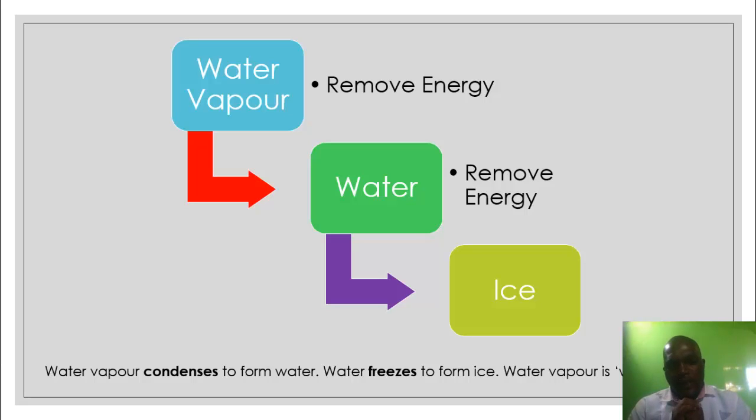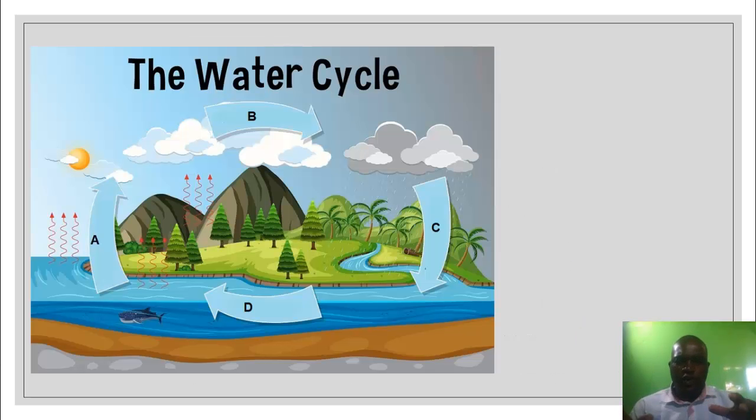So this, boys and girls, tells us something about the next slide that I am going to show you, which tells us that when we look at our water cycle, we see that water is always what? Present. That is, you can see it's a cycle from A, B, C, you come back to D, it continues going. So what happens at A?